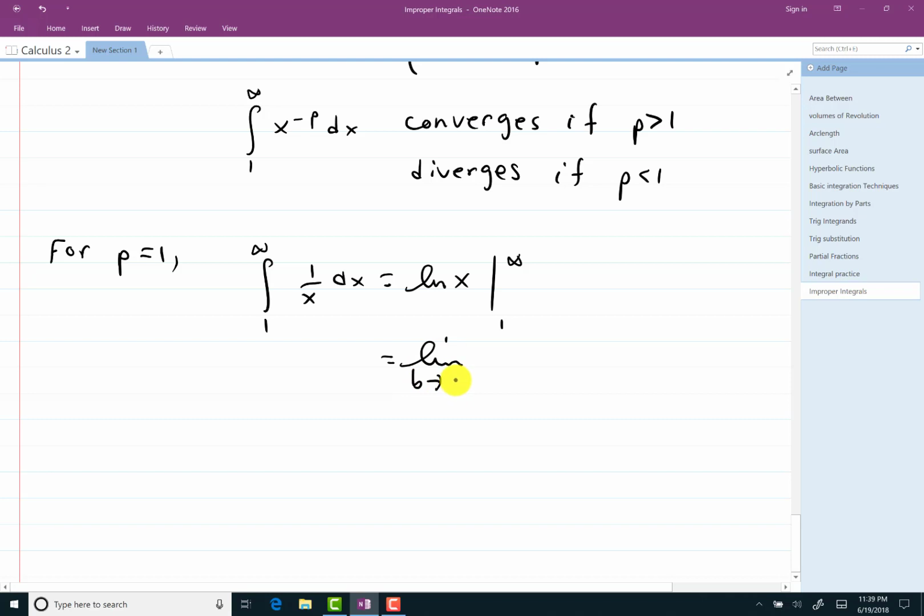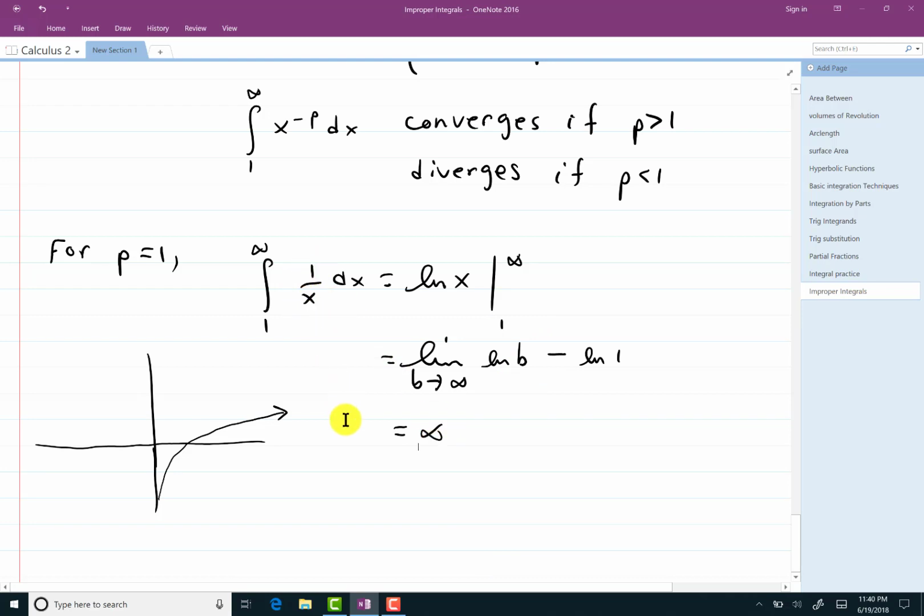This of course is the limit as b goes to infinity of ln of b minus ln of 1. It doesn't matter if I put that in parentheses or not because it's a constant. Ln of 1 is 0, but this piece right here, the natural logarithm function, while it may not break any speed records, does tend to infinity as b goes to infinity.